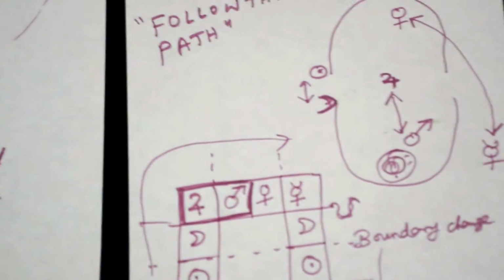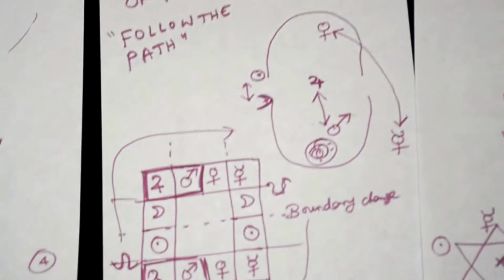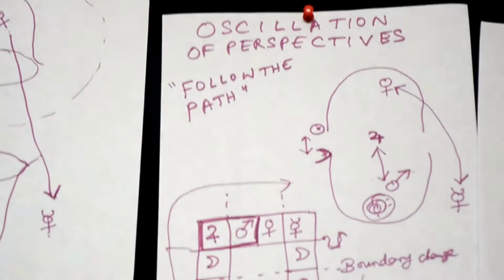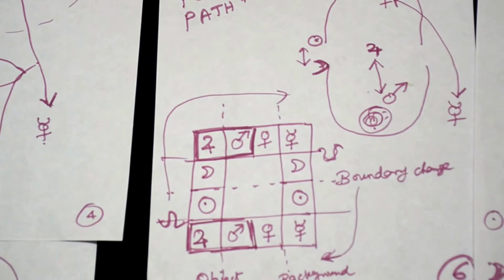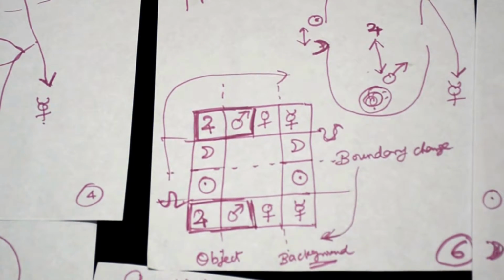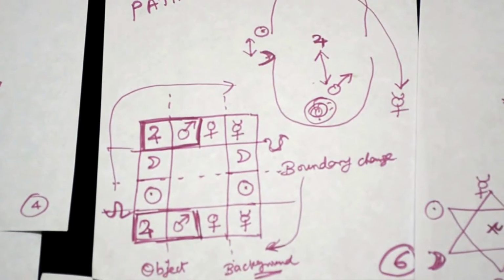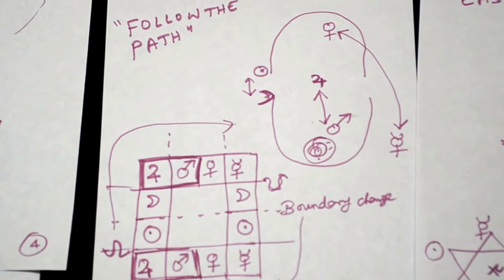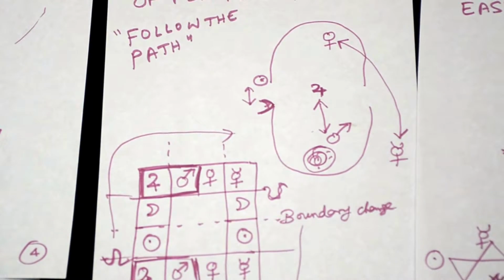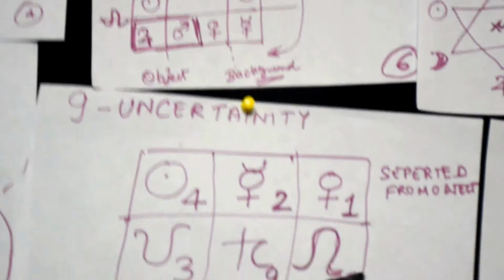Now we have to understand the cause of uncertainty. There is something called vortex mathematics.